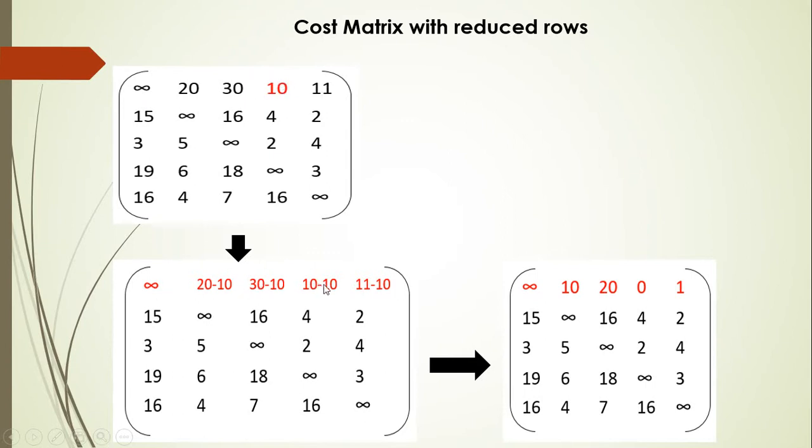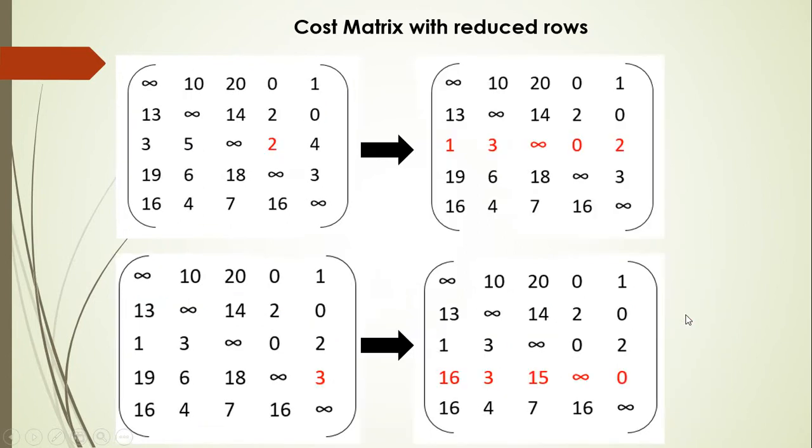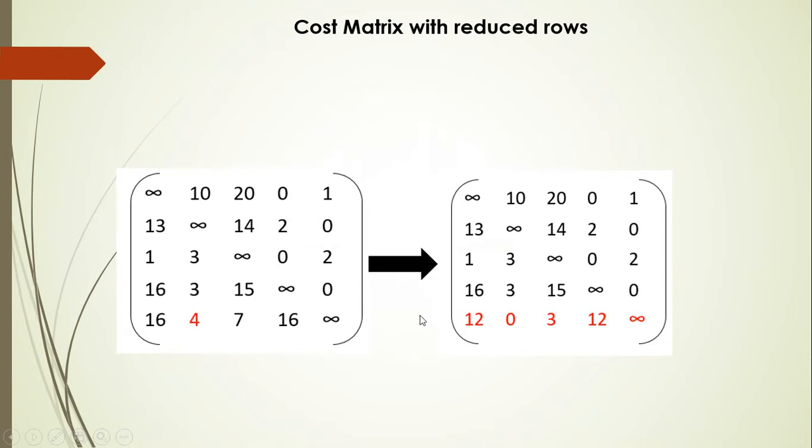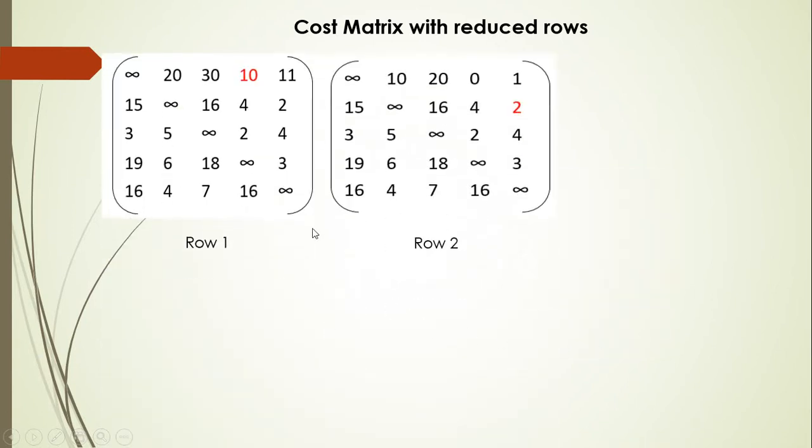So reduce this 10 from the first row and you will get this one. Similarly for the second row the minimum cost is 2. Reduce this 2 from the second row and you will get this one. Again the same for the third row, fourth row, fifth row.